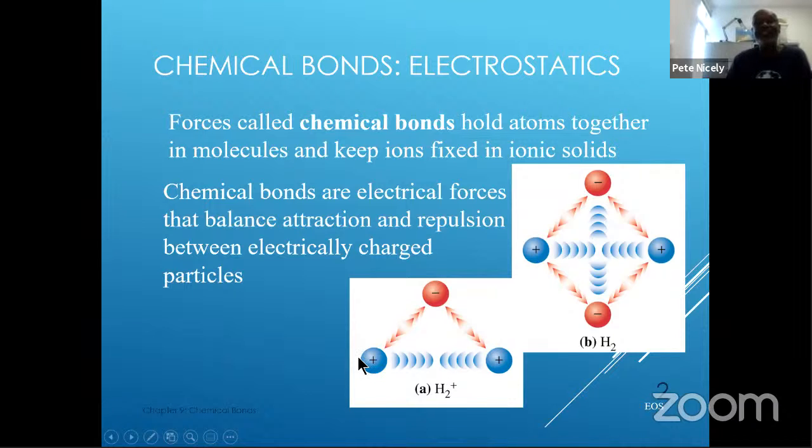You'll only have attraction between the proton of one atom and the one electron here, and the same is true on this side. As a result of that change, the H2 plus ion is not stable. So you will not find the H2 plus ion existing under normal conditions, all right?